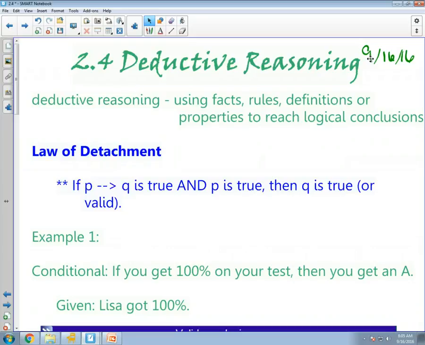So inductive reasoning was kind of coming up with a next answer after you see a lot of examples. You didn't necessarily know what the pattern was going to be. You had to figure that out. Deductive reasoning is where you know the pattern and you have to follow that.